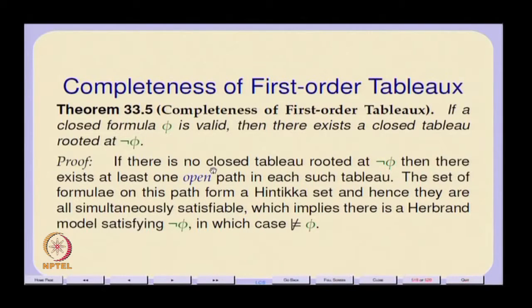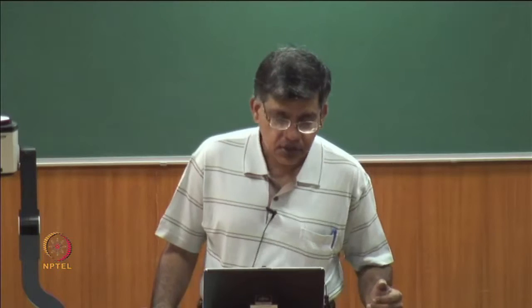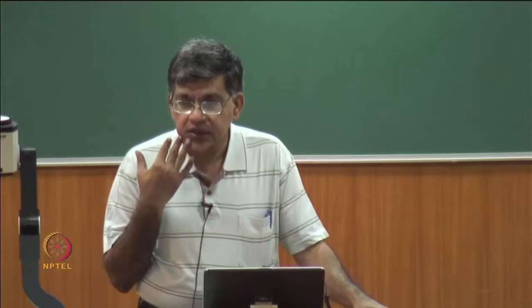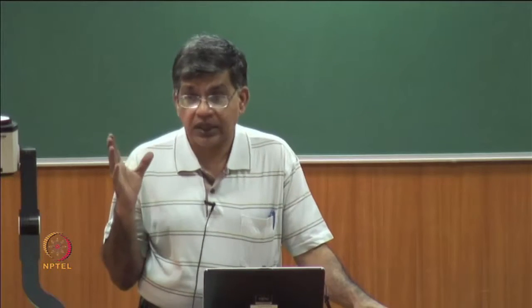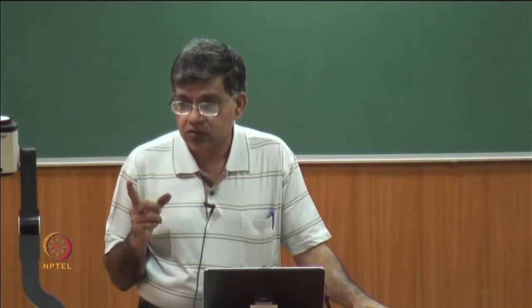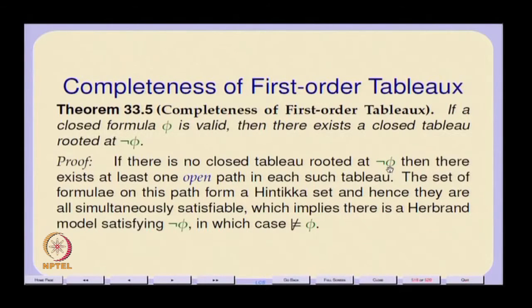And then we have a really trivial way of proving completeness. Once you have Hintikka sets, we are looking again at closed formulas, and if they are valid, then there is guaranteed to exist a closed tableau. So, if there is no closed tableau rooted at not phi, where phi is supposed to be valid, you consider any tableau rooted at not phi, there must be at least one open path in it.